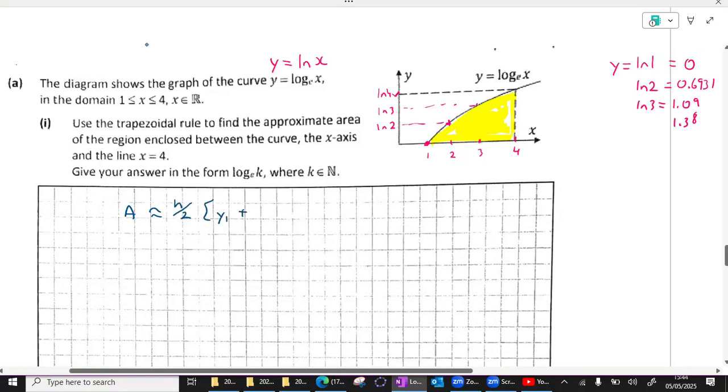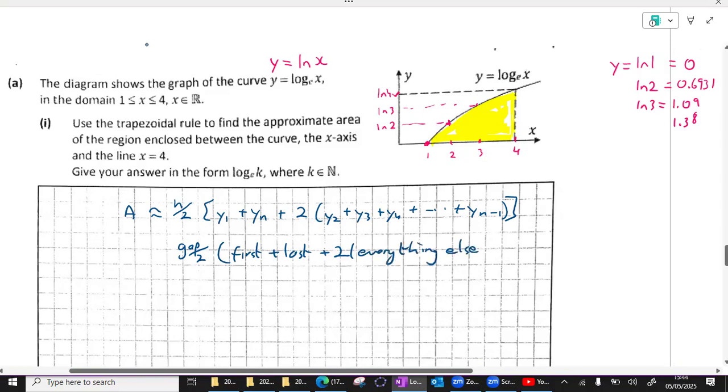I'm just copying this down from the log tables, but the way that I actually use it, and the way that we've learned it in class, it looks quite complicated, but in fact, it's really just the gap over 2, first plus last plus twice everything else. So if we look at this in that context, the gaps are all just 1 unit. So that's why it's 1 over 2.